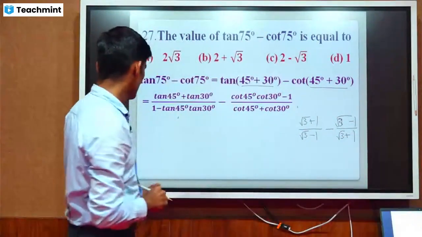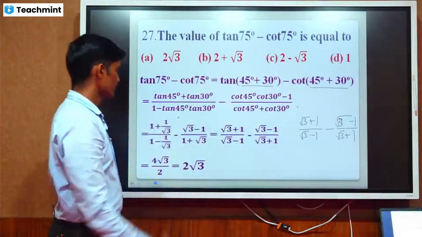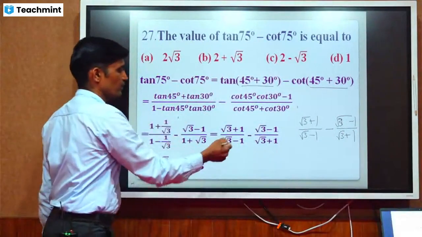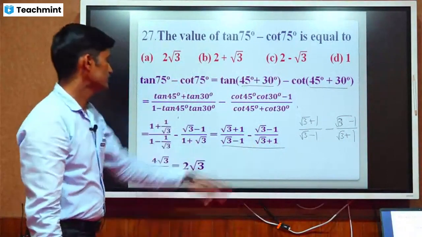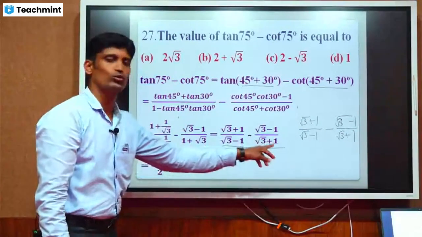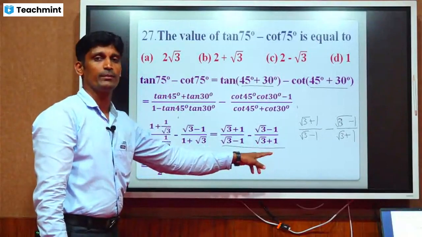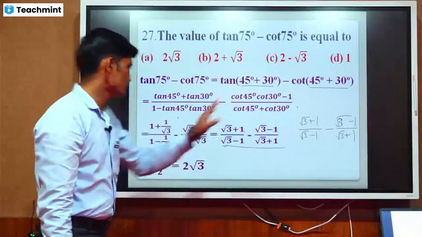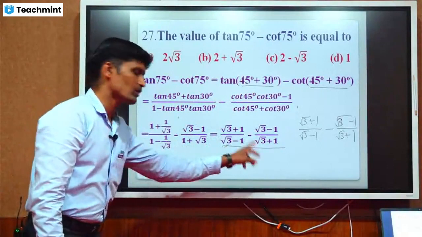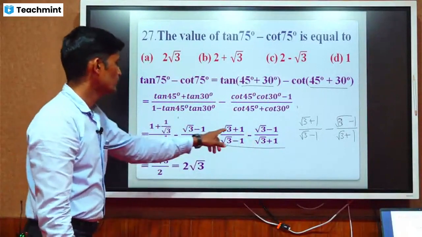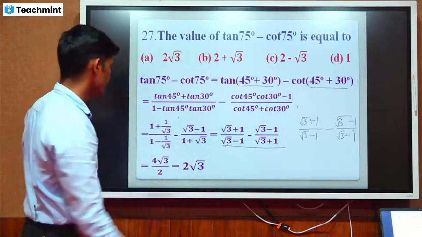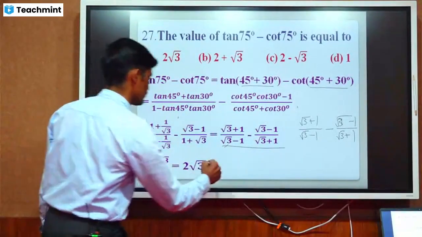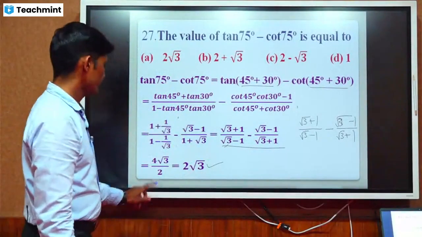They cancel each other, so simplify this and you will get it. Otherwise, substitute the values here and we can come to this answer. Then taking LCM, root 3 minus 1 into root 3 plus 1 is a plus b into a minus b, a square minus b square, that is root 3 square minus 1 square, which is 2. And here root 3 plus 1 whole square minus root 3 minus 1 whole square. We will get 4 root 3 by 2, that is 2 root 3. Answer A.